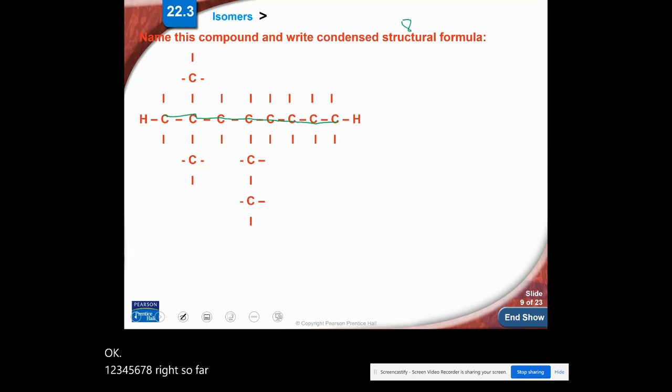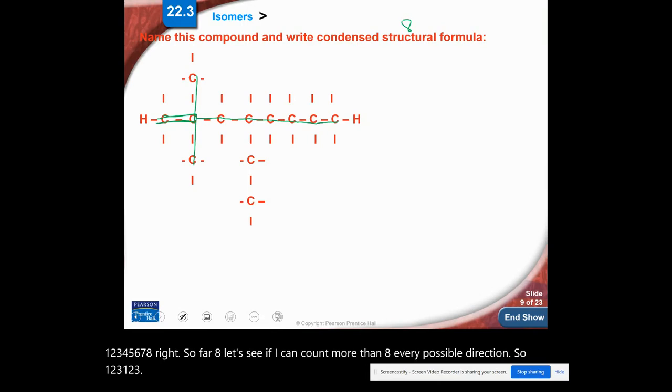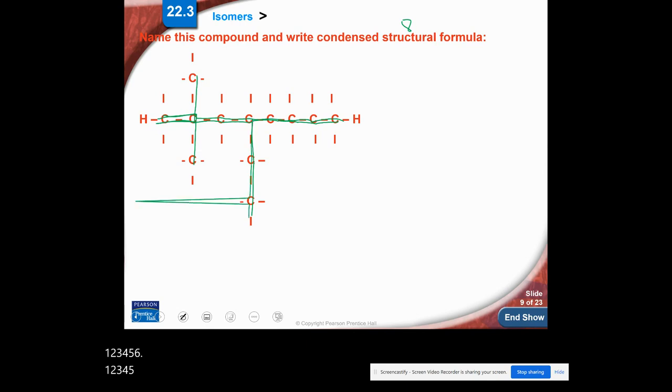Let's see if I can count more than 8, in every possible direction. Oh, I'm going to have to erase. My touchscreen is being very sensitive today, as you can see.